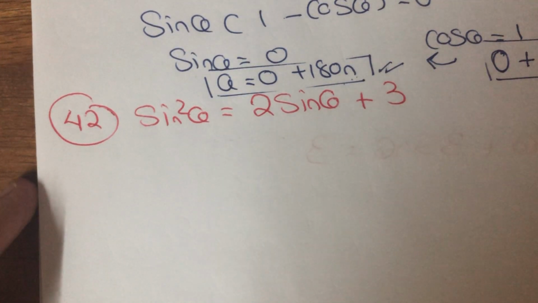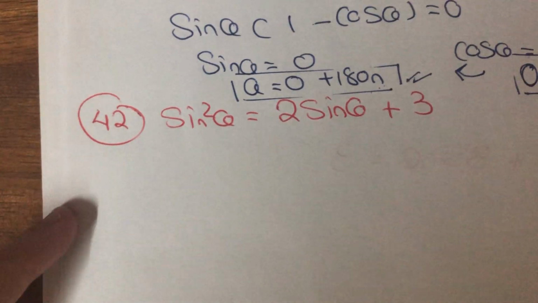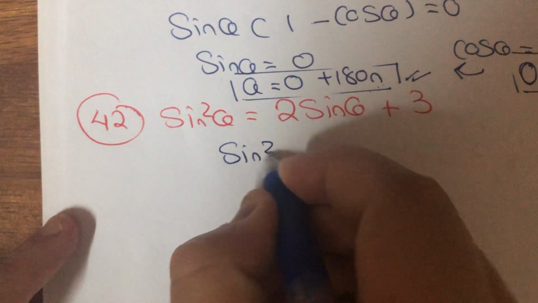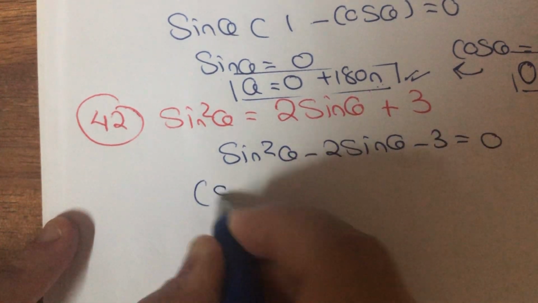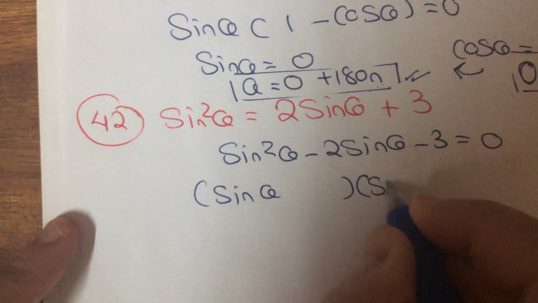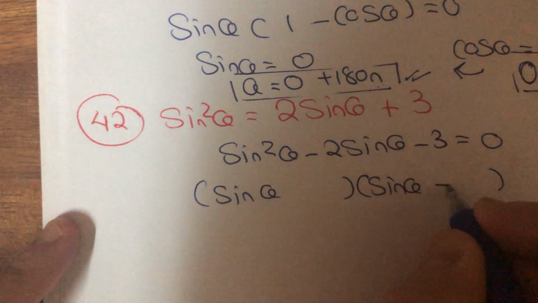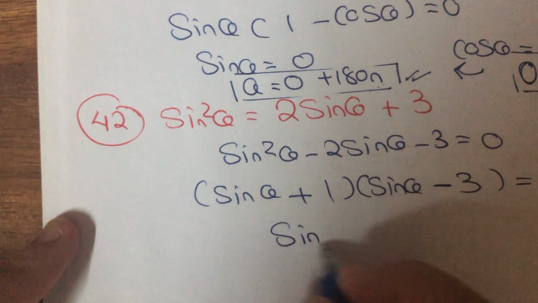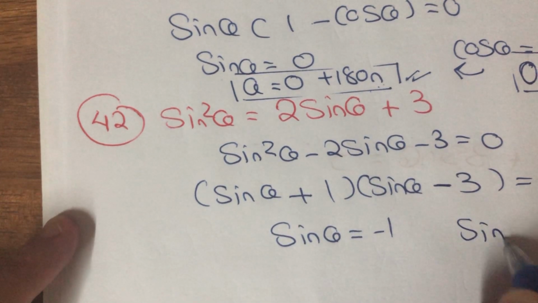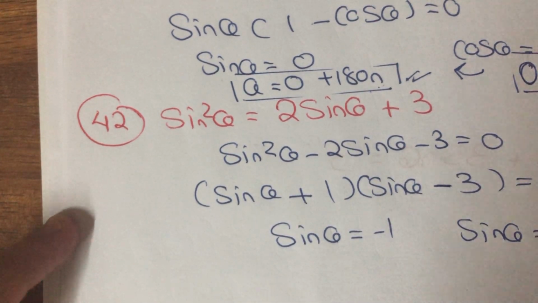Question number 42. I think just directly I will factor, because the video is getting so long. This is going to be sine theta. I would put the minus 3 over here and a plus 1 over here. That would give me a negative 2. Either sine theta is equal to negative 1, or sine theta is equal to 3. This is impossible.